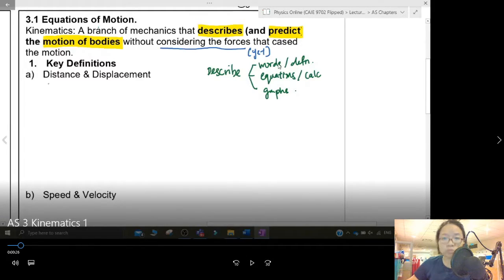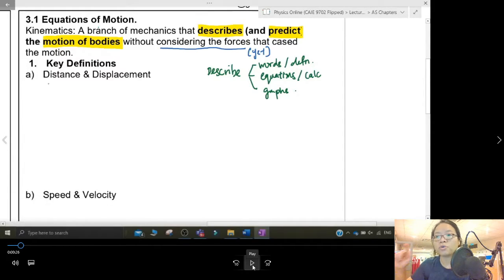So these are all useful tools or things that you should know. Sometimes we use words to define and to describe. Sometimes there will be some form of equations or calculation. And sometimes we can use graphing to help us solve the question. It really depends on what the question wants. So it is hoped that at the end of the chapter, you will have sufficient confidence in using these three things to answer questions. So let us begin.